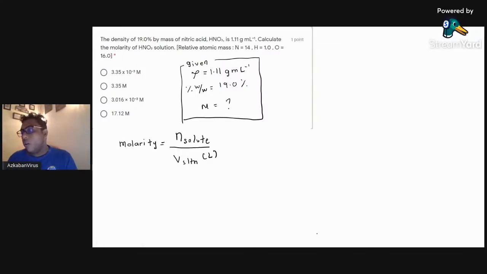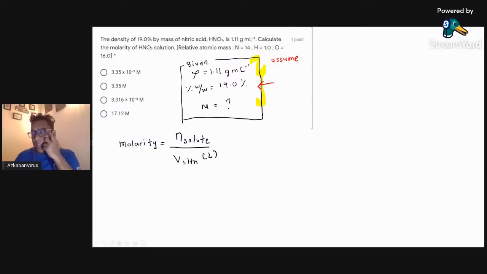Alright. Now look at our information. Here, we were not given any information about mass and volume. We only have the concentration. So what we have to do here is assume. What to assume? I like to use the percentage by mass.